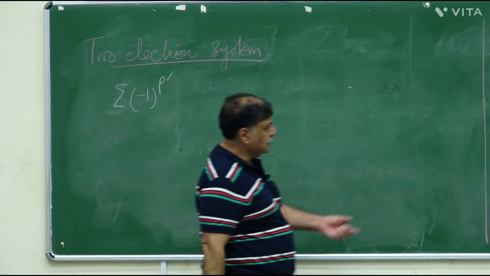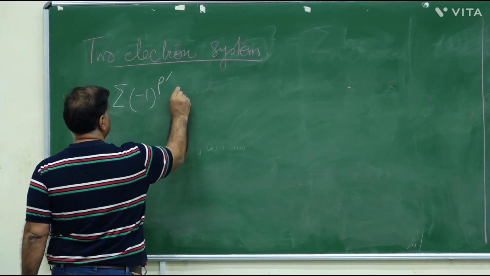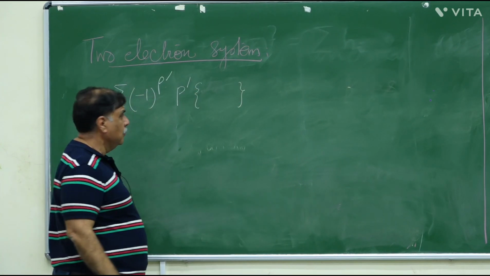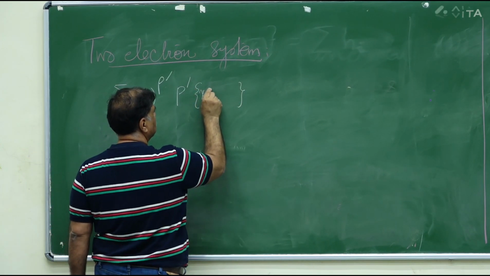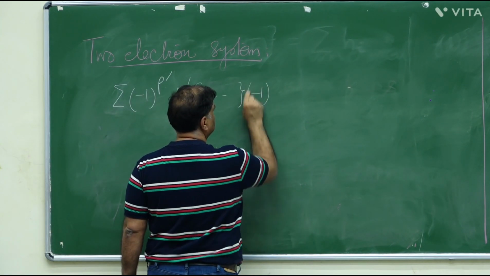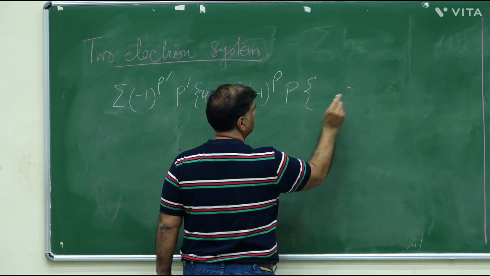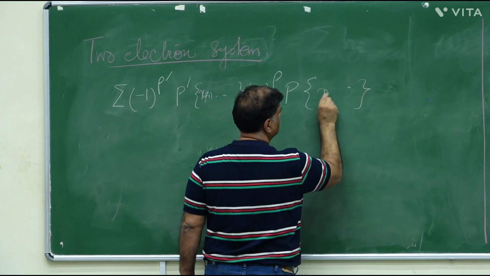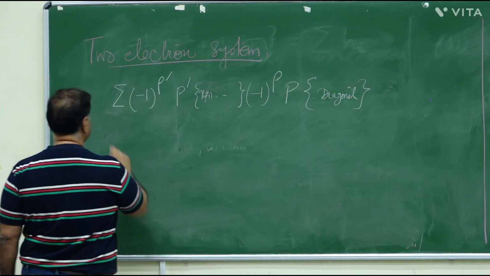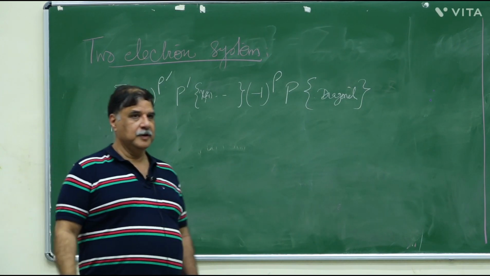I'll write the first Slater determinant, summation over p prime, all this, I1, x1, diagonal term, then I have minus 1 raised to p, P, diagonal term, and sum over p prime. Is that okay?